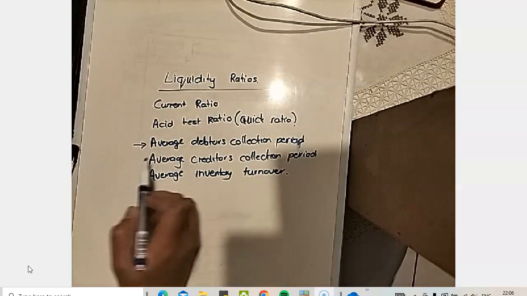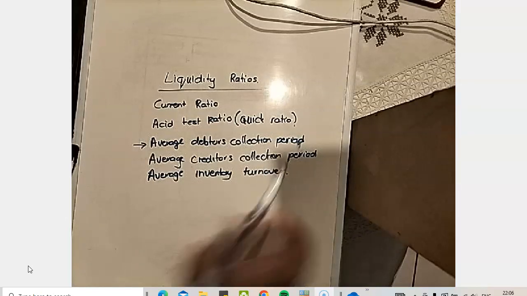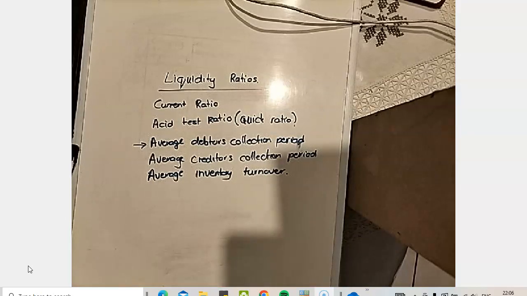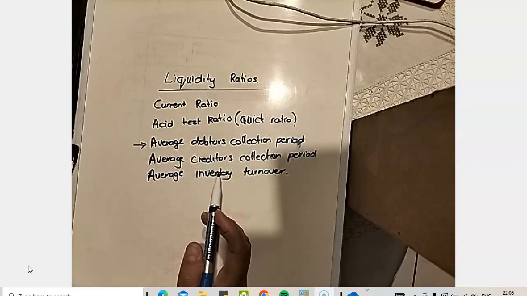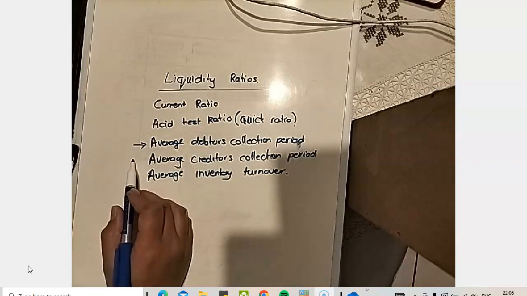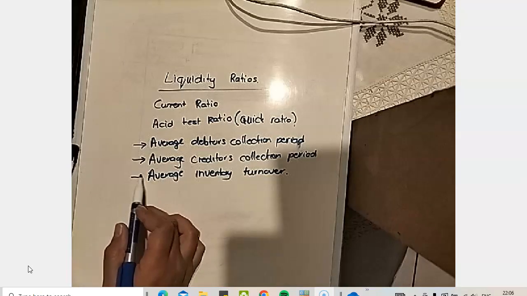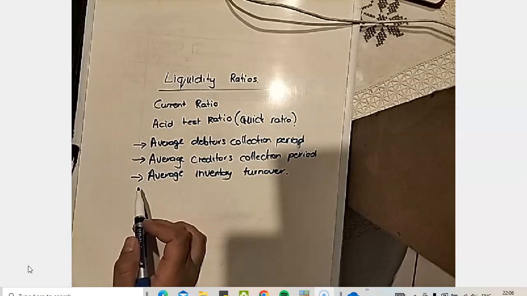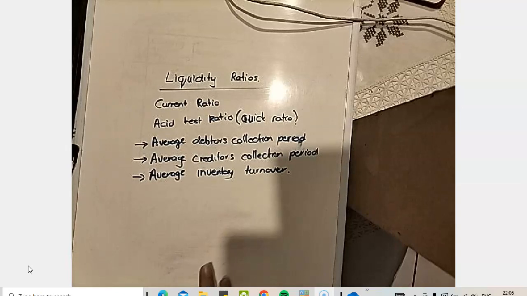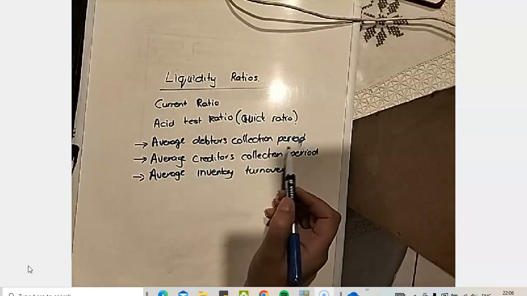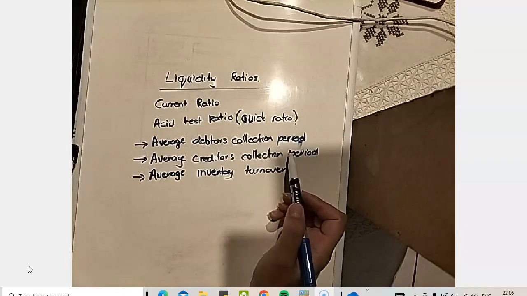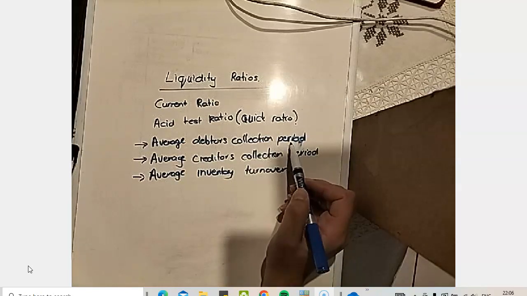The average debtors collection period is how long it takes to get your debtors to pay. Your average creditors is how quick you pay them, and the average inventory turnover is how quickly you need to reorder stock. So debtors collection, you want that to be 30 days. You want cash flow, so the sooner they pay, the better.